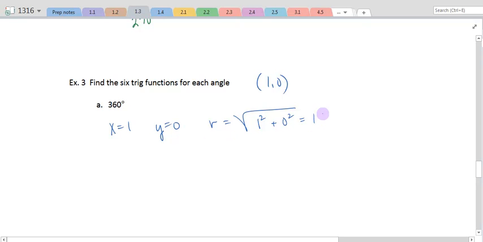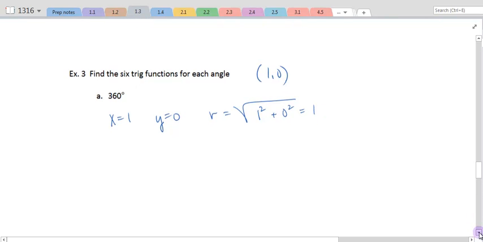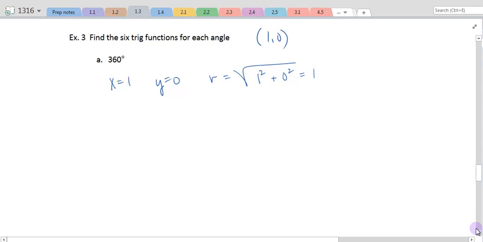So we're going to figure out what the 6 trig functions are based on the definitions that we learned at the beginning of this lesson. Let's start off by looking at sine, cosine, and tangent together. I know that the sine of theta is equal to y over r, and in this case that would be 0 over 1, which is really just 0.